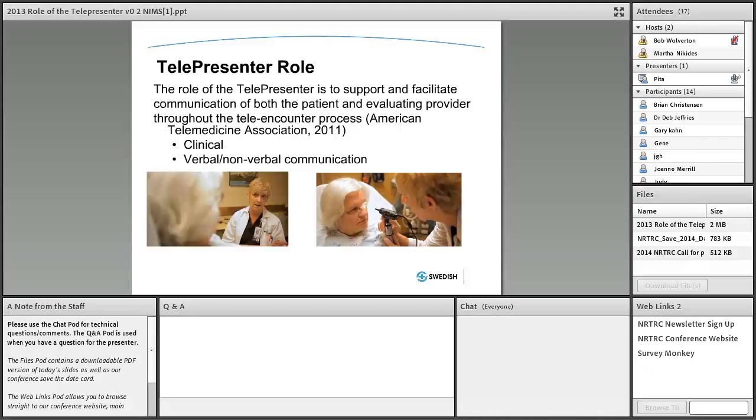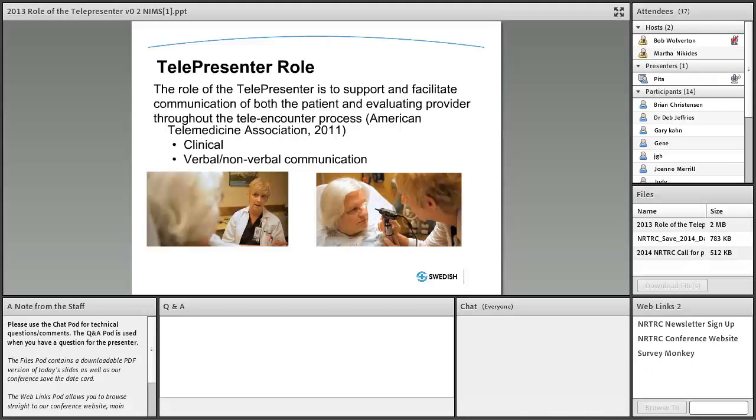So that means it's both verbal and nonverbal communication. The telepresenter also is facilitating communication in terms of making sure that the patient's questions are answered, or if the family is sitting there, that their questions are answered, and making sure that the physician doesn't miss anything in the room. You and I both know that a lot of communication, I think it's 90%, is done with body language, and it's a little difficult for the physician to pick up on everyone's body language.